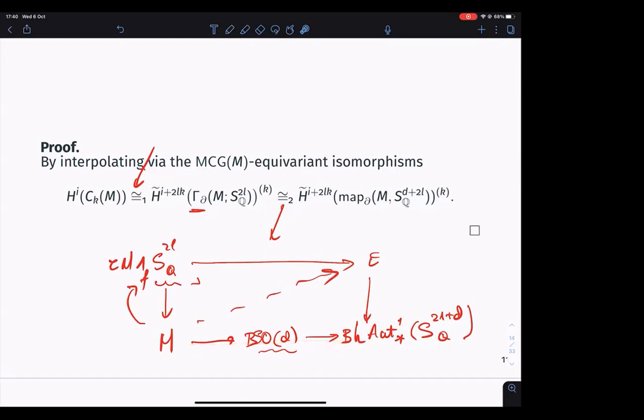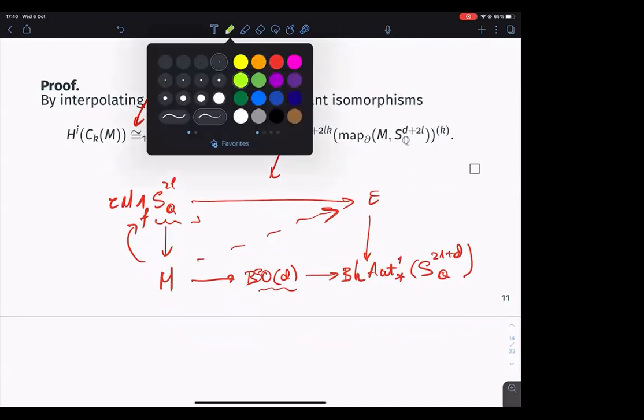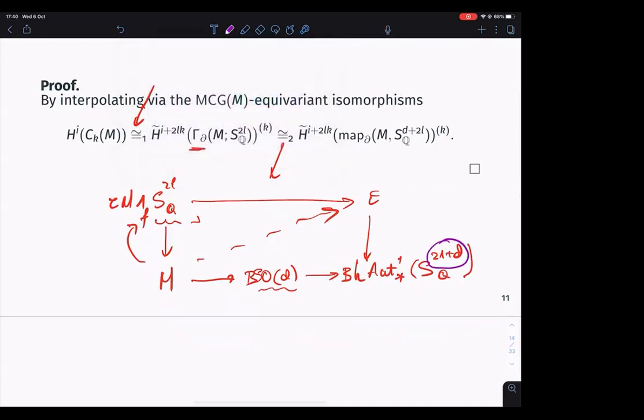And the point is that if this degree here is even, then this is contractible.